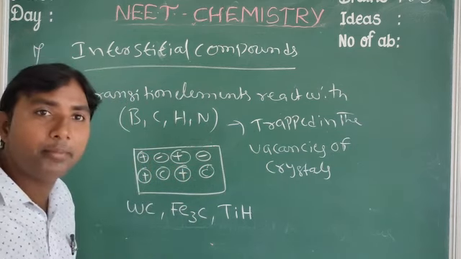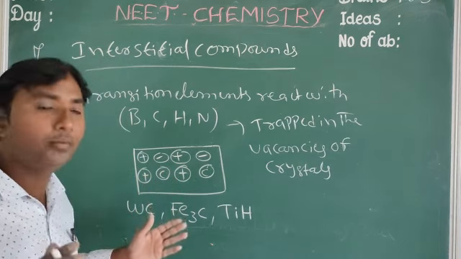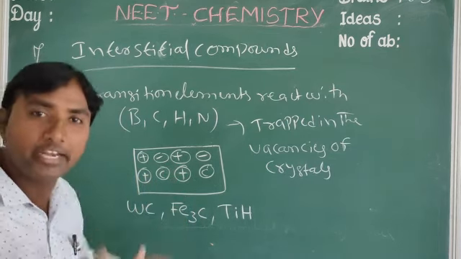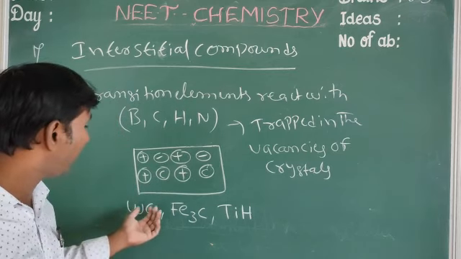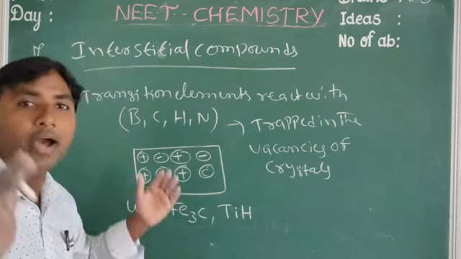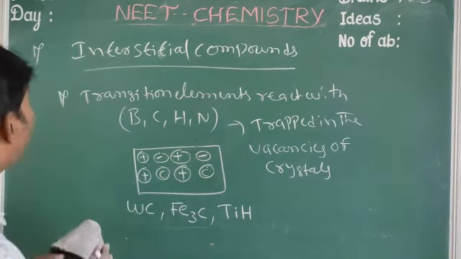These small atomic size elements are trapped in the vacancies of this transition element crystal. Examples: tungsten carbide, iron carbide, titanium hydride. This is about the interstitial compounds.